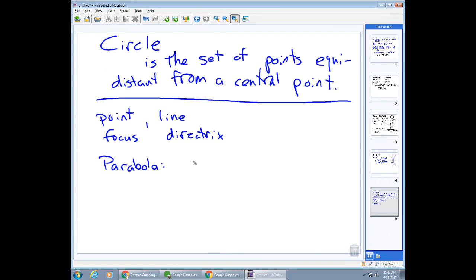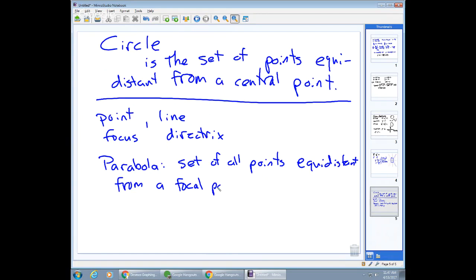A parabola is the set of all points equidistant from a focal point and a line. Huh? What does that mean? I'll show you in a picture.